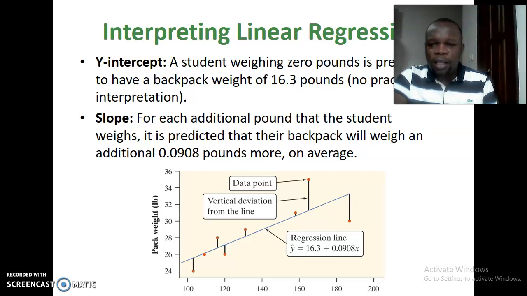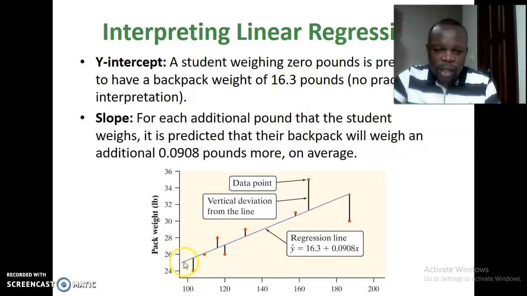Now, the most important thing in this section is to know how to interpret whatever you're getting. The first thing is the y-intercept, which is where the line is predicted to cut the y-axis. So we know that on that line, the value of x is always 0. So for this question, you'll say a student weighing 0 pounds is predicted to have a backpack weight of 16.3. You look at the y-axis and where the linear regression line would intersect it, and that is the point you're trying to interpret.